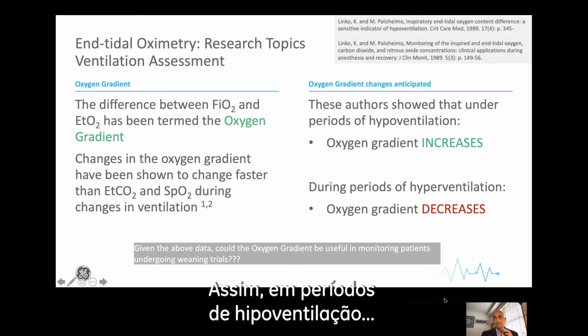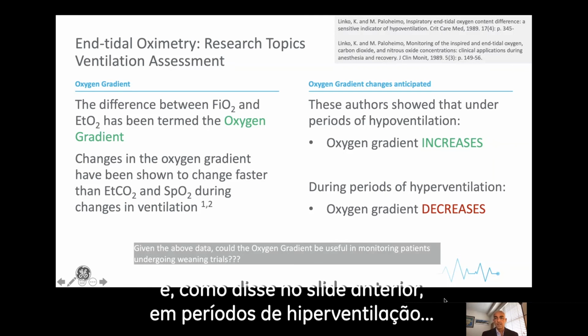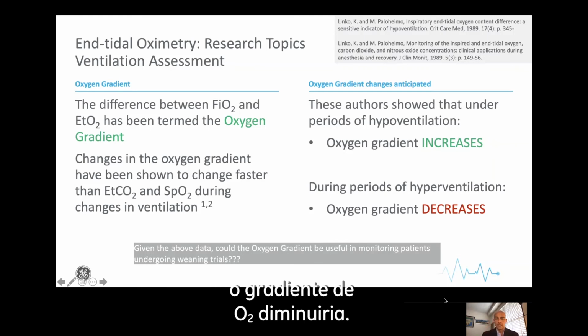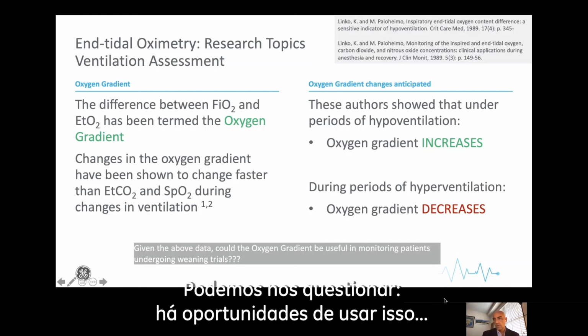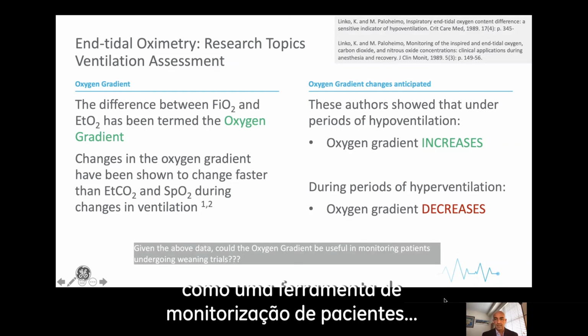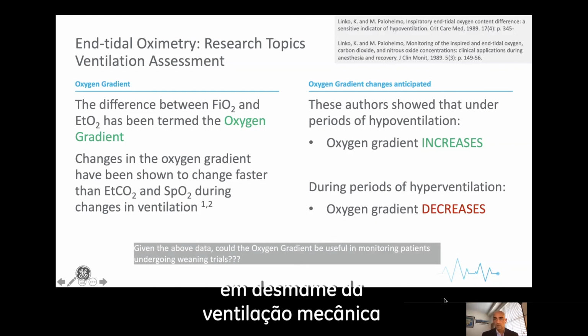So therefore, under periods of hypoventilation, the oxygen gradient would increase. And then the flip side, as I said on the previous slide, during periods of hyperventilation, the oxygen gradient would decrease.